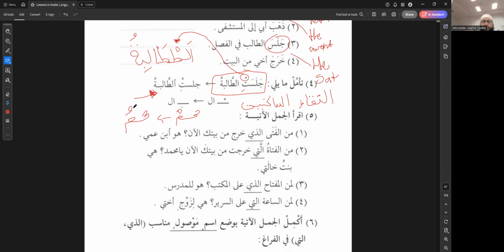But one of the biggest ones in the Quran is when you have tanween. Okay? So here's the one that I usually show people.